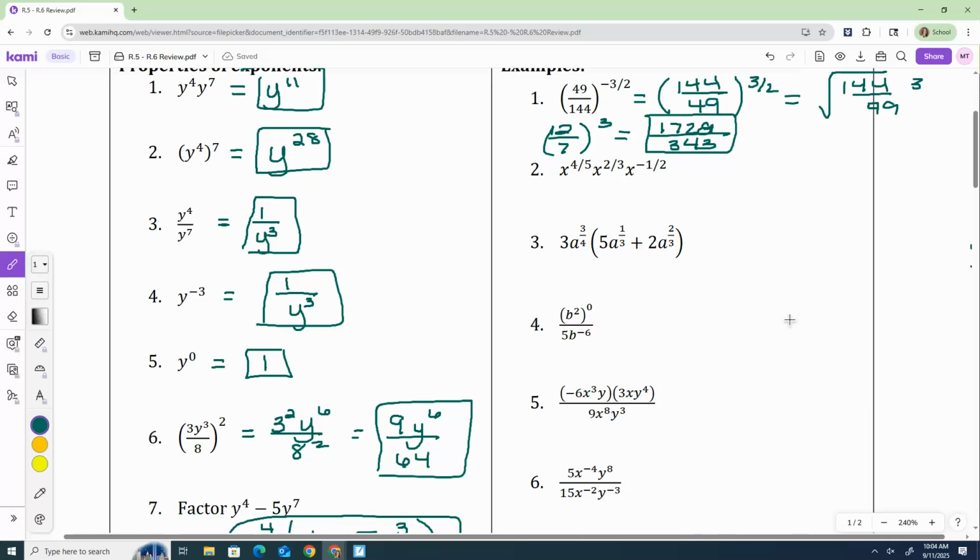Number 2, what are we doing? If you're multiplying, what do you do with those exponents? Add them. You don't have to work it out by hand. You're welcome to grab a calculator and just do 4/5 plus 2/3 plus a negative 1/2.